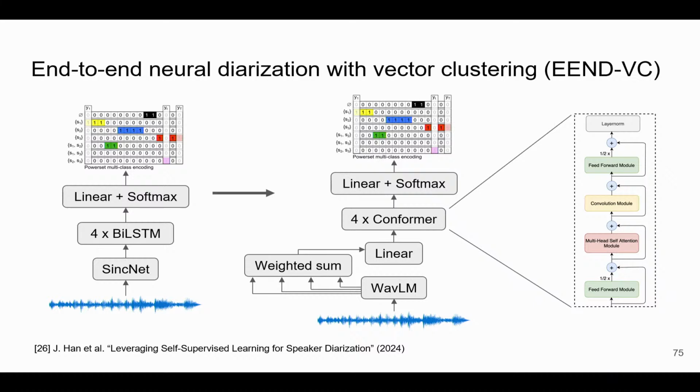And then he replaced those BLSTMs by conformer layers, which is, don't quote me on this, an extension of transformers better suited for speech. Because in speech, usually the short time context is quite relevant, so convolutions are very good at that.